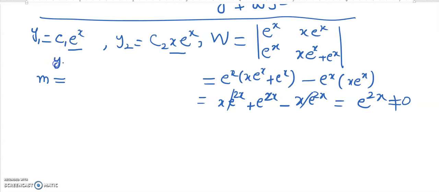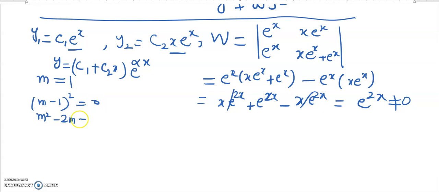The general solution is represented by c1 plus c2 x, e power alpha x, where alpha is the root. So alpha in this case is 1, so m is equal to 1. So m minus 1 is one solution, and m minus 1 square will also be 0. So m square minus 2m plus 1 will be the characteristic equation, and the corresponding differential equation will be y double prime minus 2y prime plus y is equal to 0.